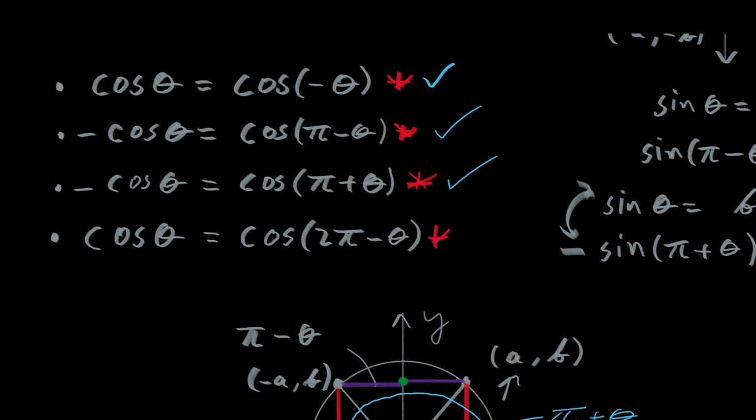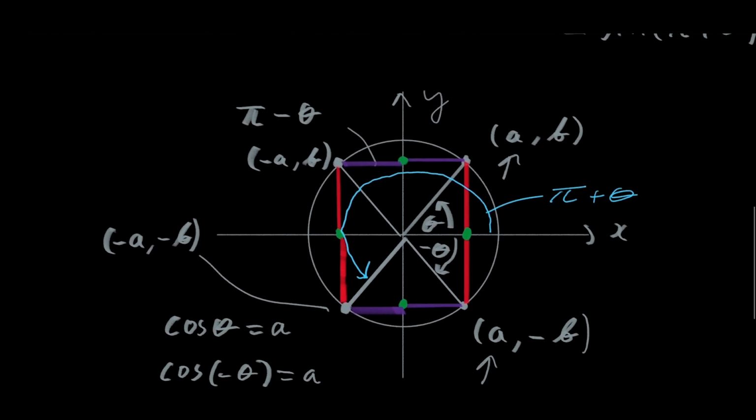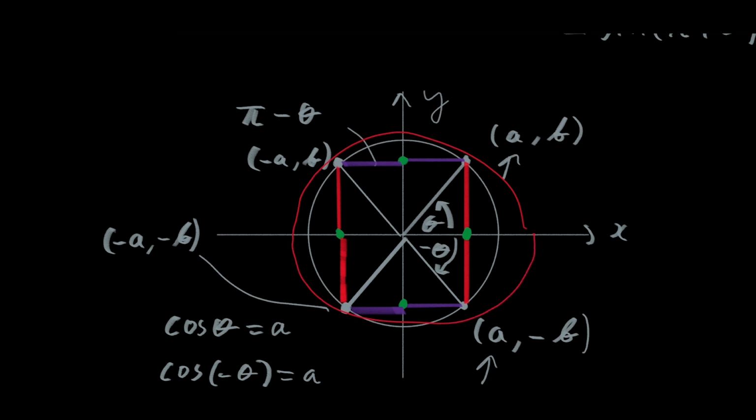So we've got one more to explain, and that would be the cosine of theta equal to the cosine of 2 pi minus theta. Well, the angle 2 pi minus theta would just be the angle we would get if we went all the way around the unit circle to 2 pi and then tracked backwards around the unit circle by an angle equal in size to theta, which we would describe as negative theta because it's measured clockwise from the positive x-axis.